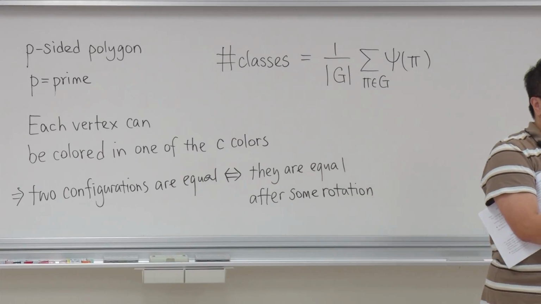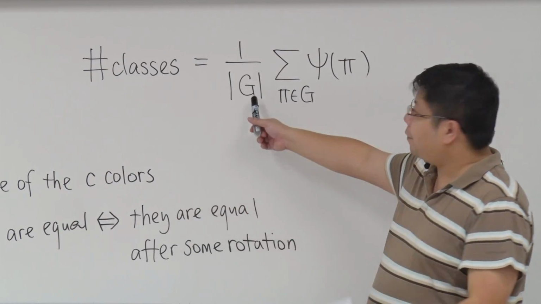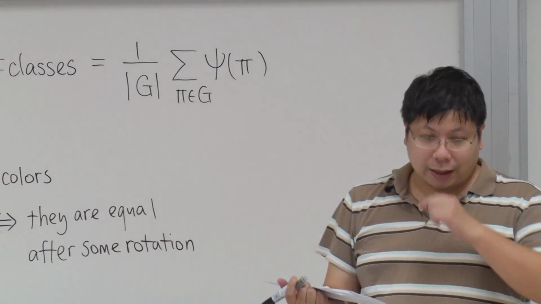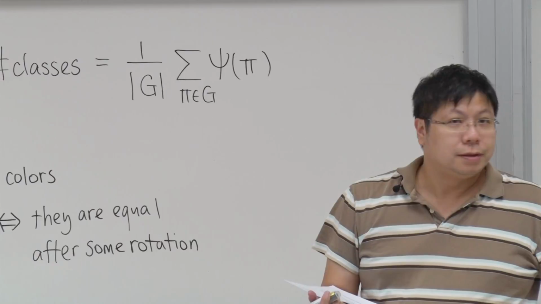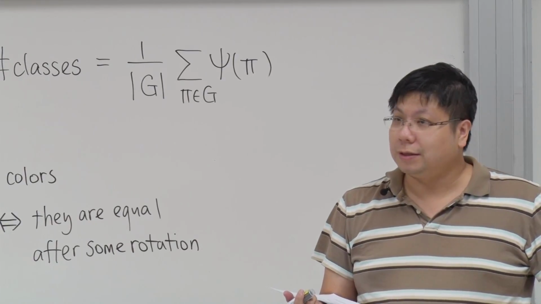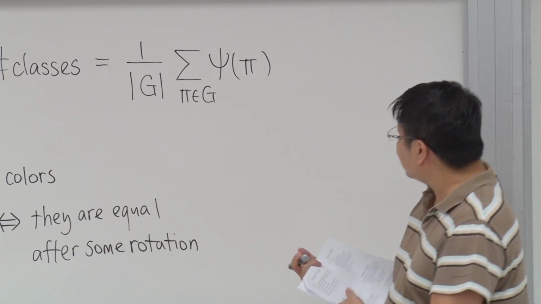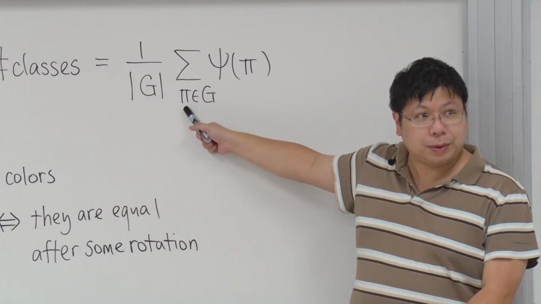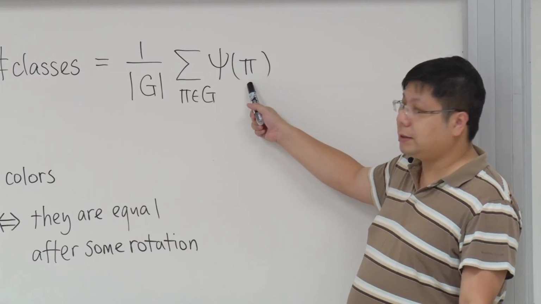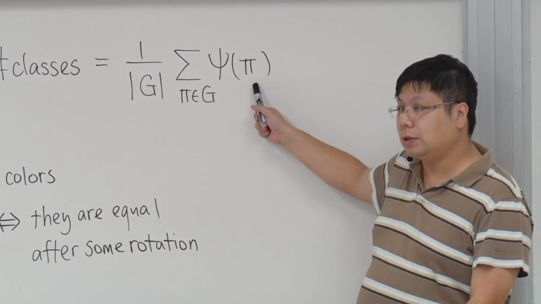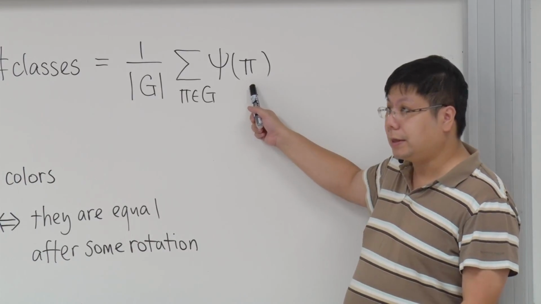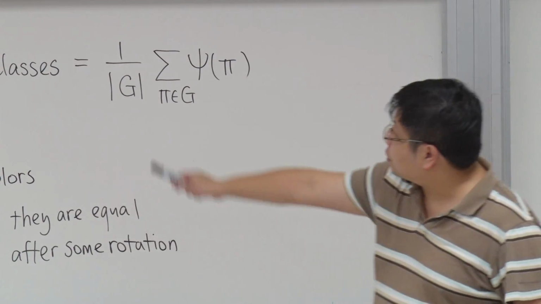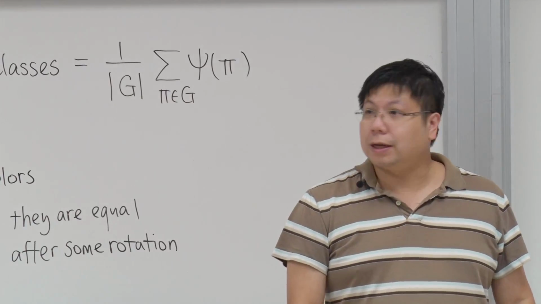Each different rotation corresponds to a permutation of the elements. We consider all the 7 possible rotations. If we count the total number of fixed points, the invariants, in each case, add them together, and divide by 7, this will be the number of classes that we want in our example.